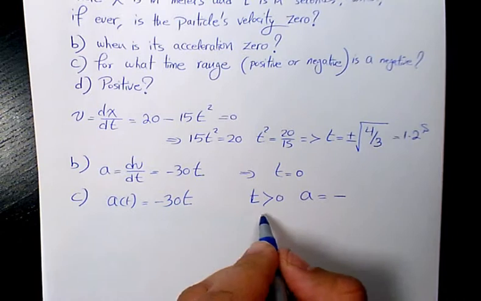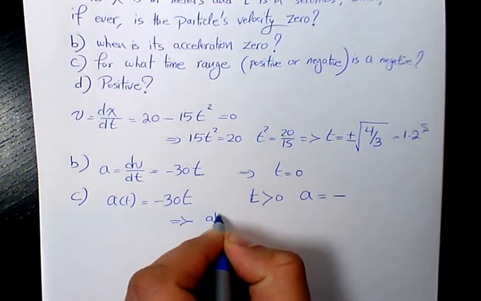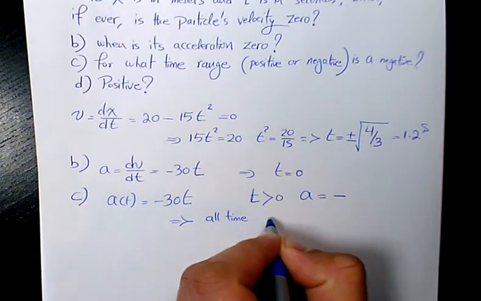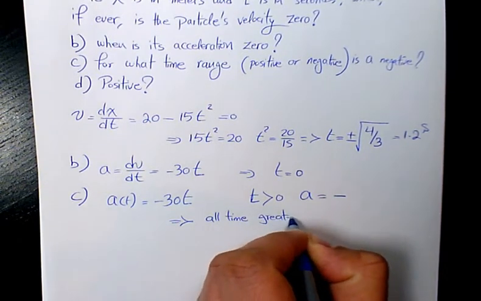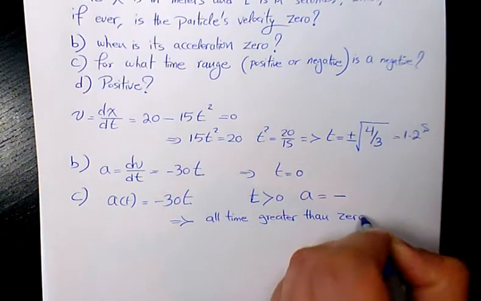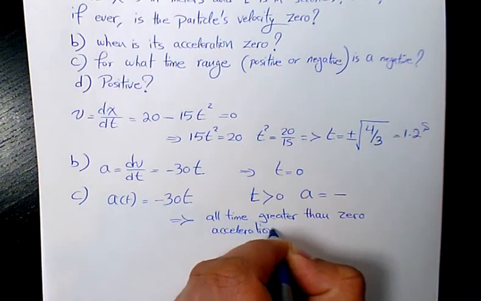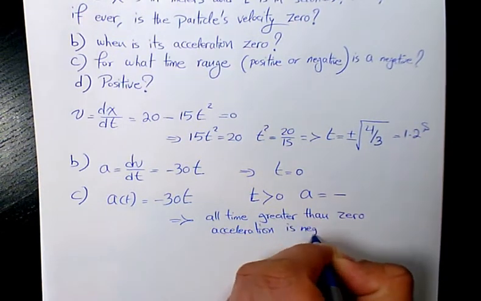And we cannot have negative numbers for time, so we can say for all time greater than 0, acceleration is negative.